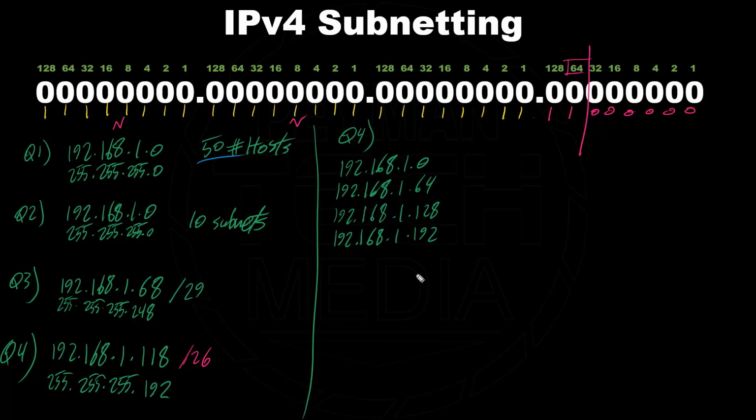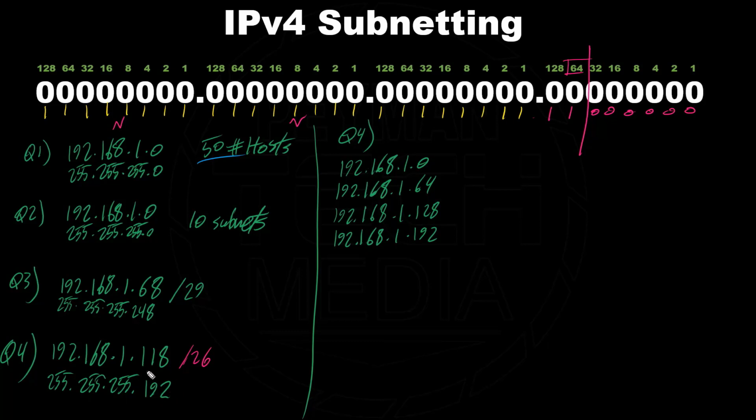We talked about in IPv4, every octet has the range from 0 to 255 because every octet has 8 bits, and if all 8 bits are turned off, that's 0. 8 bits all turned on, that's 255. So we don't have 256. All right, so we know this subnet mask will give us 4 subnets.